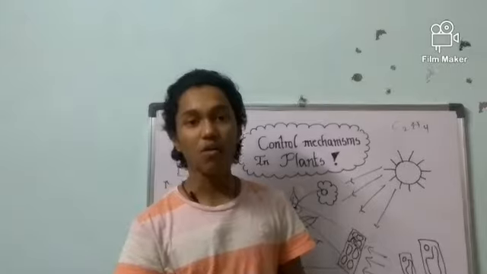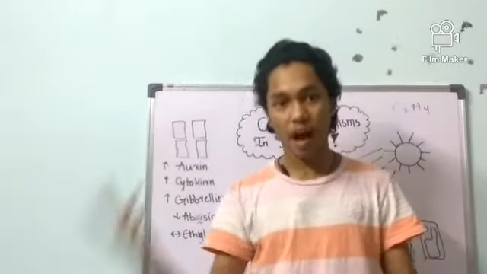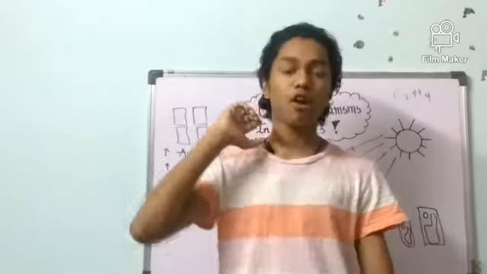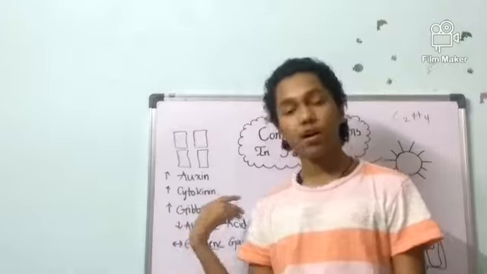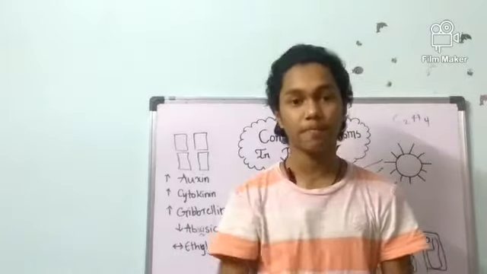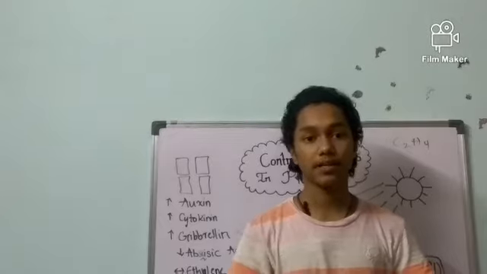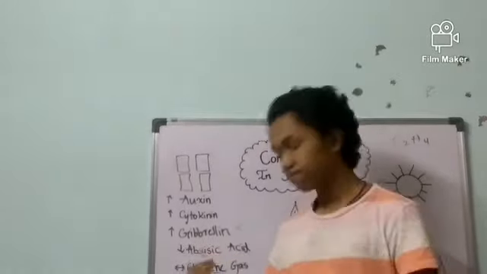And that is how ethylene gas, which is released as a hormone, will act for the ripening of fruits. And it will also make the fruits sweeter. It will make them sweeter, and it also increases the taste of the fruit.